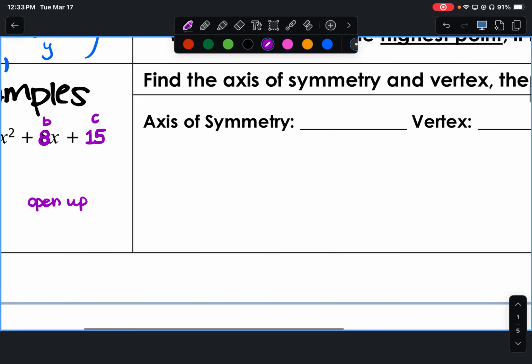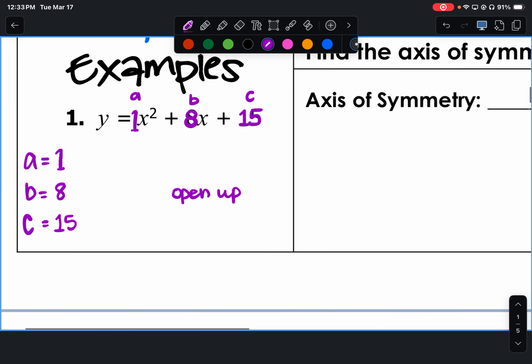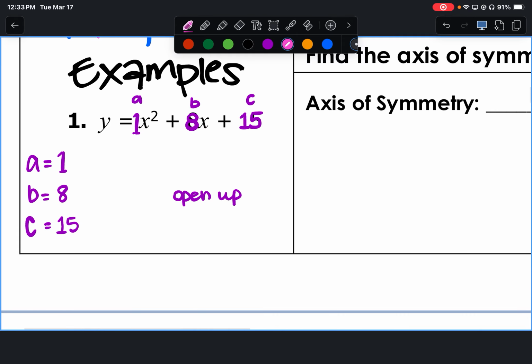All right. So we're going to calculate all the other things. Let's go on to axis of symmetry. We're going to do x is equal to -b over 2a. Using this equation, what do I need to plug into the numerator? And what do I need to plug into the denominator?